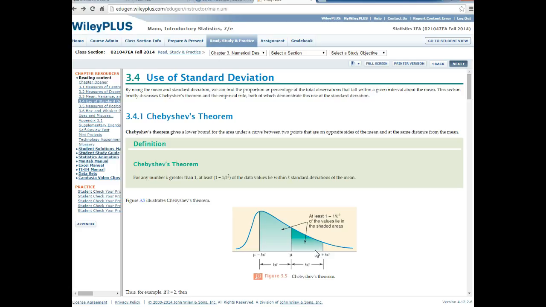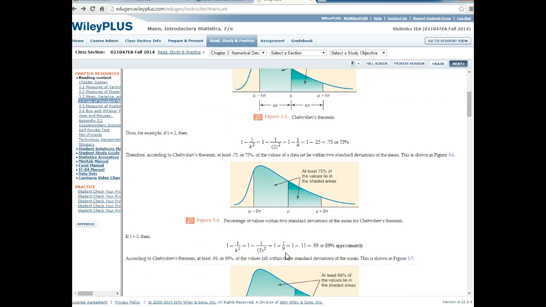The actual amount comes from this statement here. Whatever the number is, he's going to tell us that if we go a certain distance this way and this way from the mean, at least 25% of the data is in that range, or at least 50%, whatever it is.